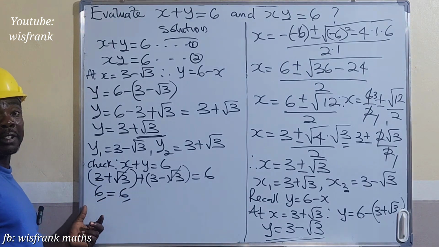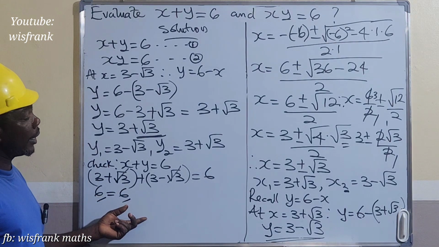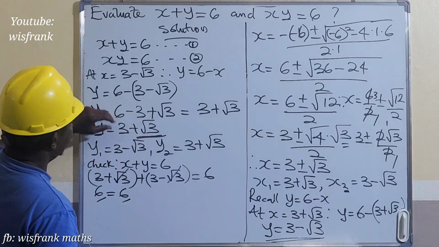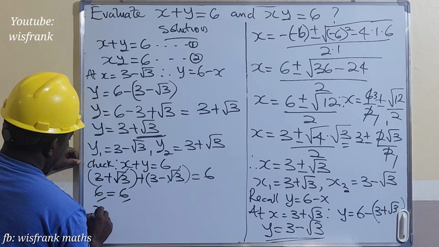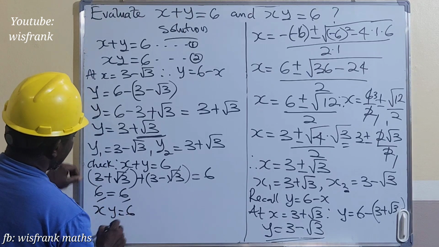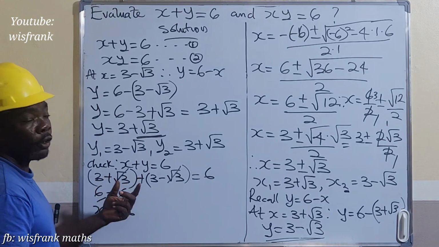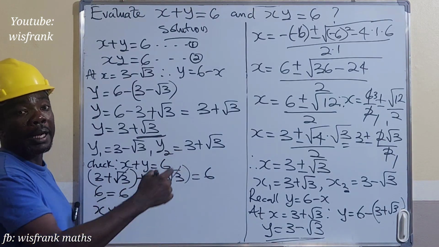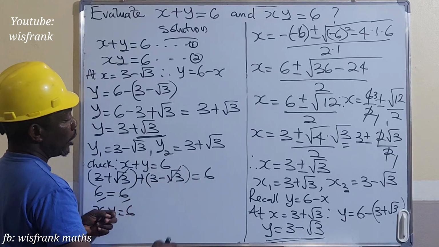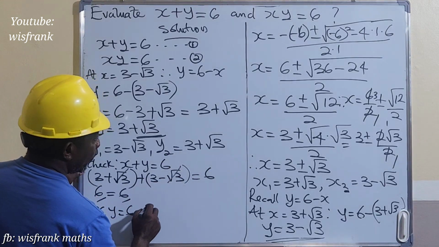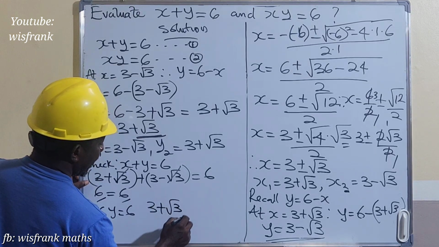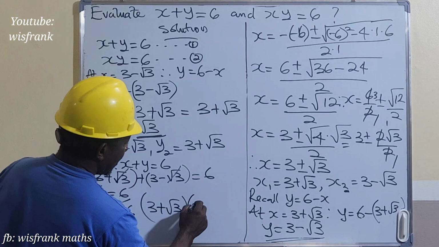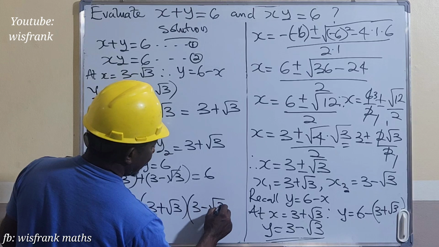Therefore, what we have on the left hand side equals what we have on the right hand side. Then for the second equation, xy equals 6. Since we have the same value of x1 as y2 and y2 as x1, then this will become, for x, which is 3 plus root 3, times 3 minus root 3.